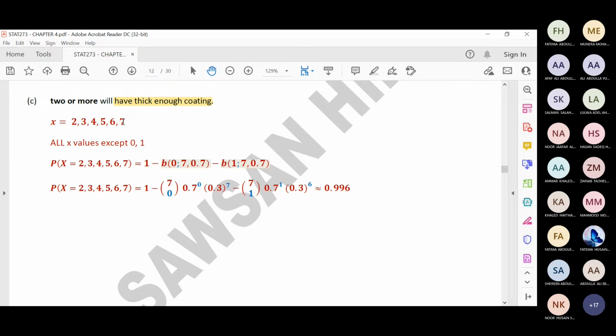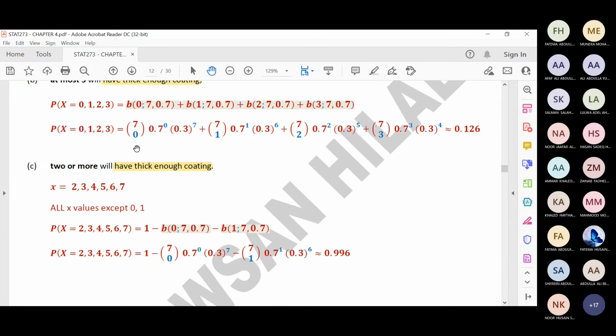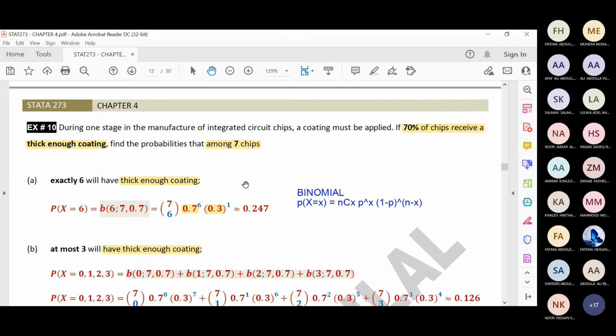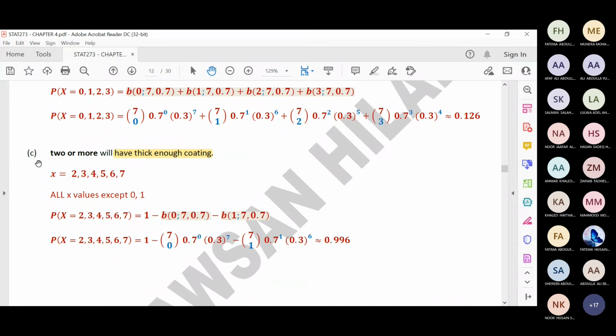Why do I have to stop at 7? Why shouldn't I continue, or 8 or 9 or 10, and so on? You cannot, because n is 7, so the maximum should be 7. How can you continue to 8 and 9? Since n is 7, x will not exceed 7. So what does 2 or more mean? It means 2 or 3 or 4 or 5 or 6 or 7.